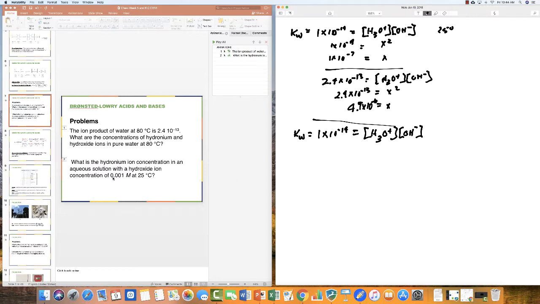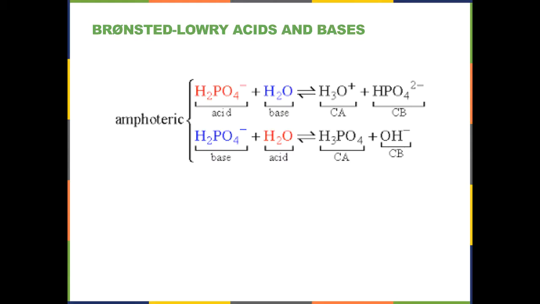Now we're given the fact that the hydroxide ion concentration is 0.001, and so all we have to do now is solve for the other, just dividing by 0.001. So that leaves us with a hydronium ion concentration of 1 times 10 to the minus 11.